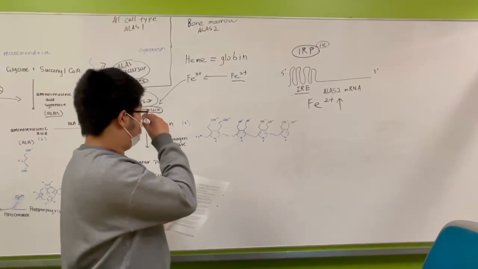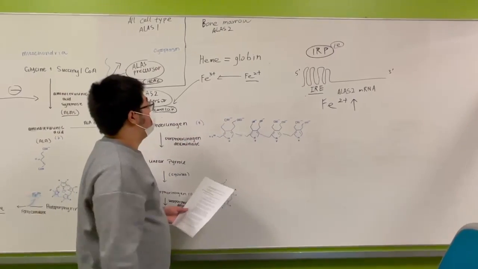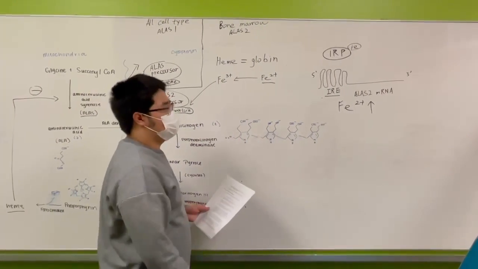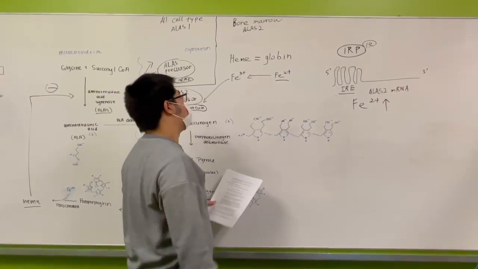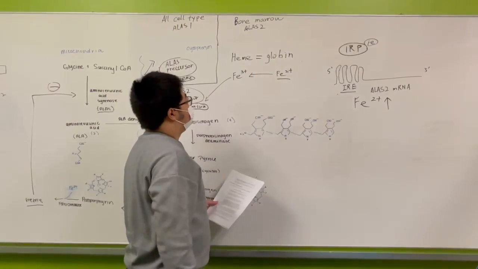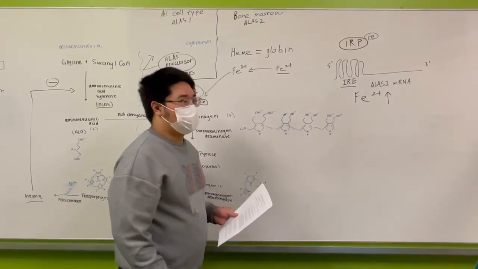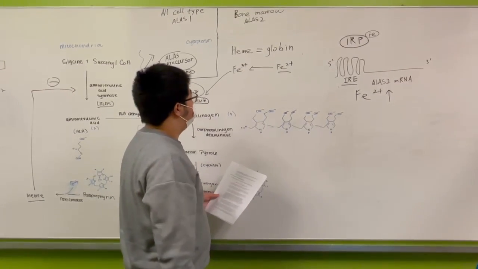In bone marrow, heme synthesis is almost always coordinated with globin synthesis, which means heme and globin are almost equal in concentration.